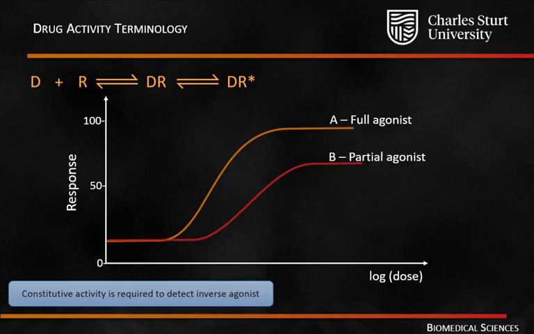So regardless of how much drug I put in, you can see I've reached saturation and I cannot get to the maximum response. So this is where the efficacy or the intrinsic efficacy of the partial agonist is less than the full agonist. So we can compare drug A with drug B by looking at their efficacy. And you can see that the partial agonist has lower efficacy compared to the full agonist. Sometimes you might see the full agonist saying that this is basically an efficacy of 1 and the partial agonist has an efficacy less than 1.